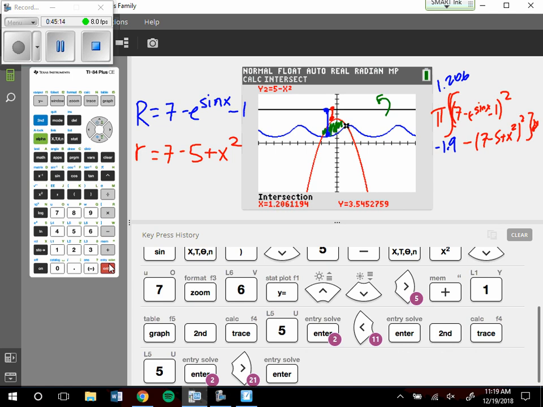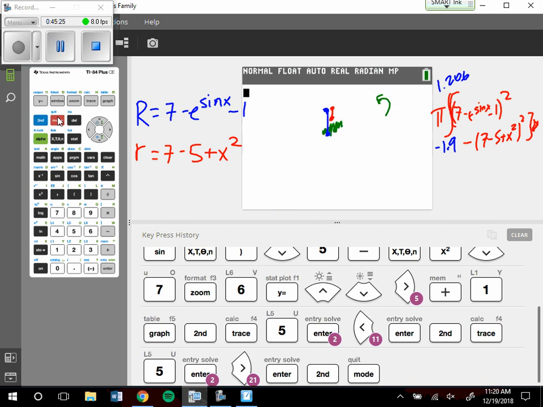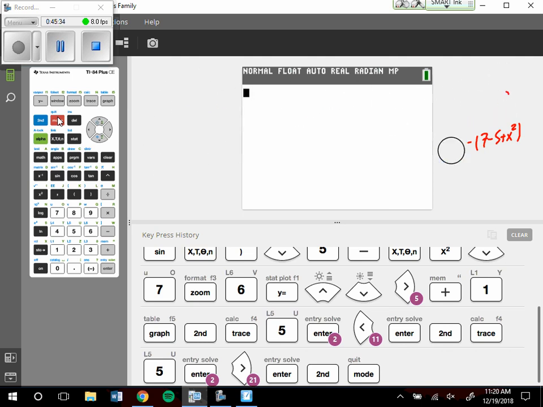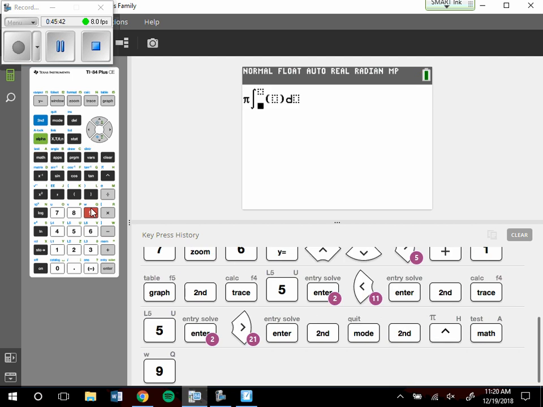But actually, let's let your calculator do this using what James did, using Y1 and Y2. If we do math 9, and we can do pi, math 9 from, what was it, negative 1.9?